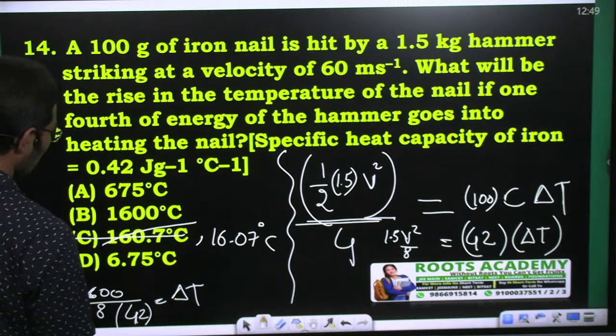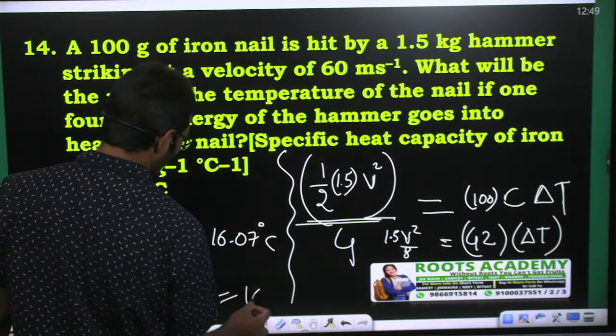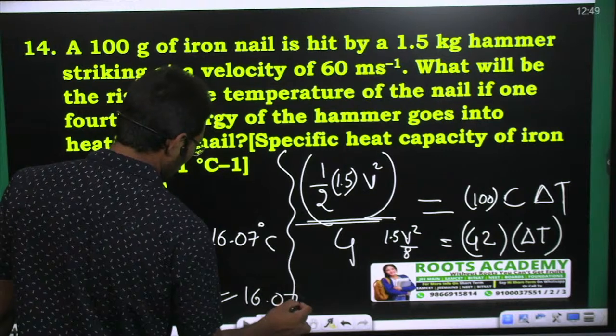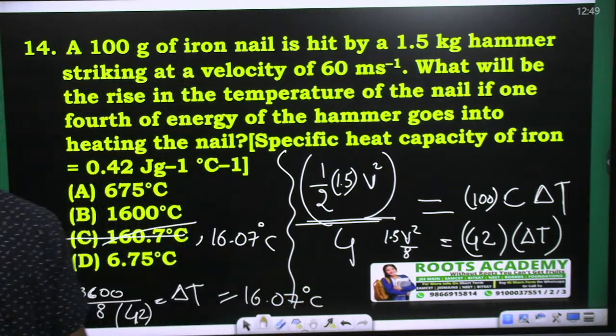If you solve it, you get 16.07 per degree centigrade.